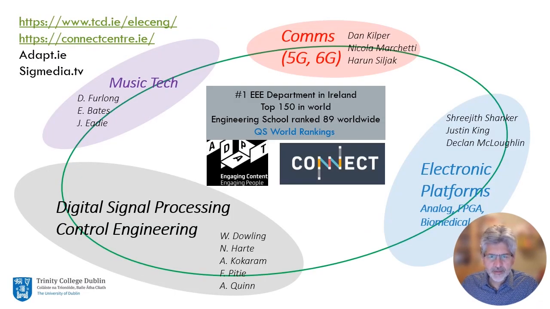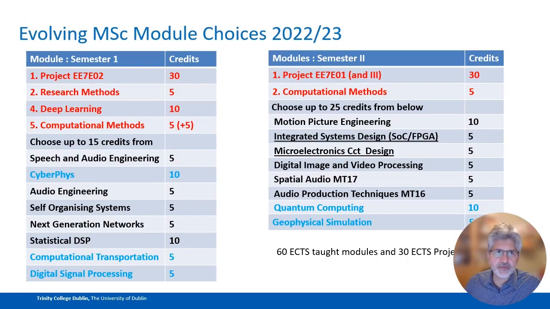The program is offered from the electronics engineering department, and here is a cross-section of the people involved. Recently, we have started to restructure the department, so we spread across the breadth of signal processing, music and media technology, communications, and electronic platforms.